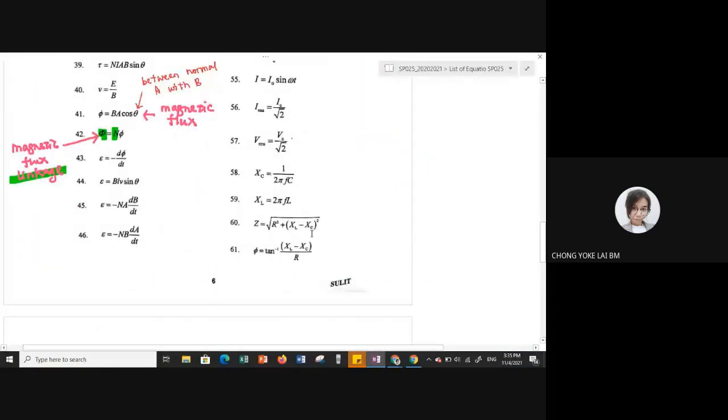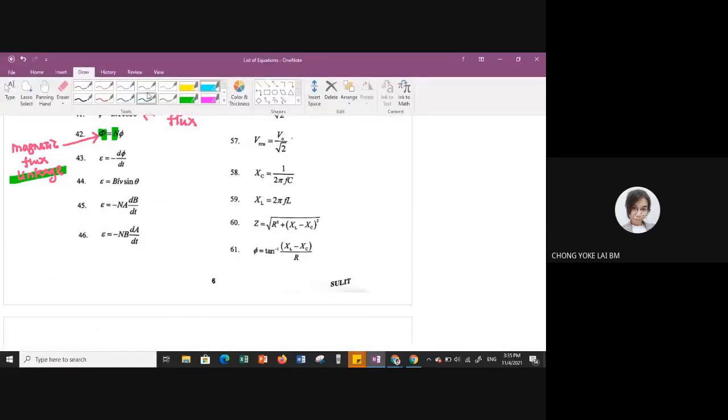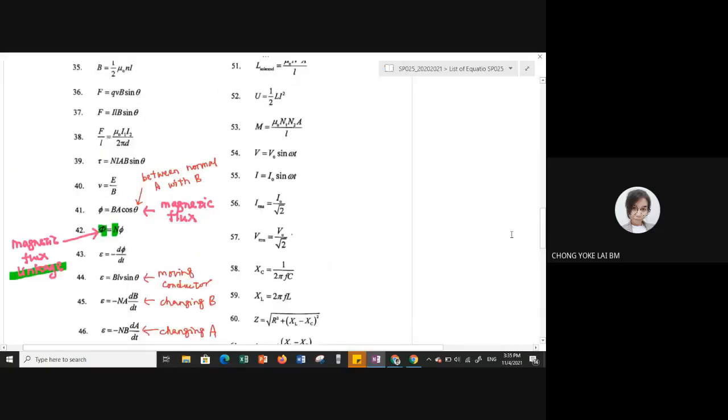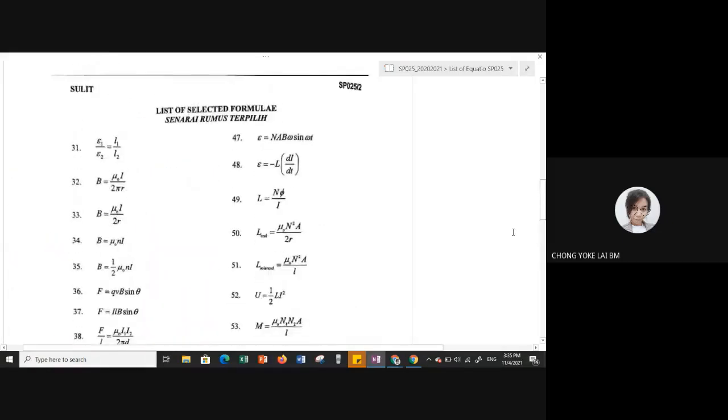You ada banyak formula. So, first one, ini adalah untuk moving conductor across a magnetic field. Ini adalah untuk changing B. Kalau B kita ubah, kita induce EMF. Ini untuk changing area. Kan? Yang rotating coil, kalau rotating coil, dia mesti ada omega.